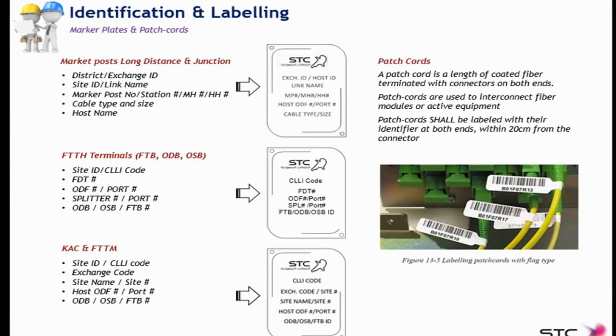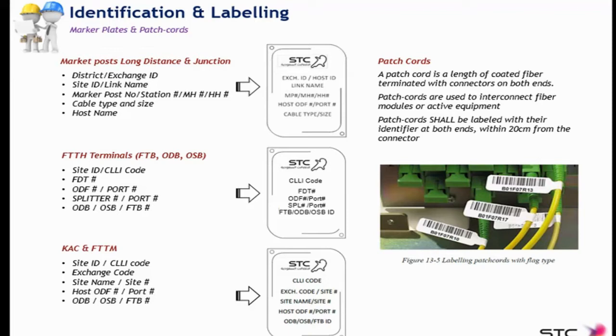Marker plates and patch cords have also to be identified. So here on your screen you see some examples of marker plates labeling depending on the network element that they have to identify. For long distance and junction networks, the marker plates are installed on marker posts.